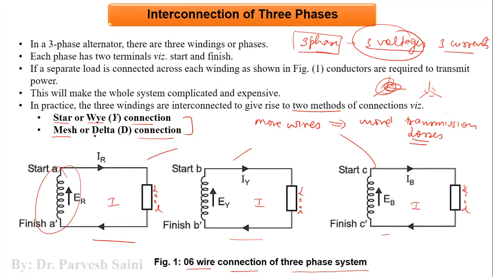Mesh connection is also known as delta connection. So these are the two types of three-phase systems which are generally used in power systems for generation of electricity, transmission or distribution, right? So they have certain advantages over the 6-wire connection of a three-phase system.